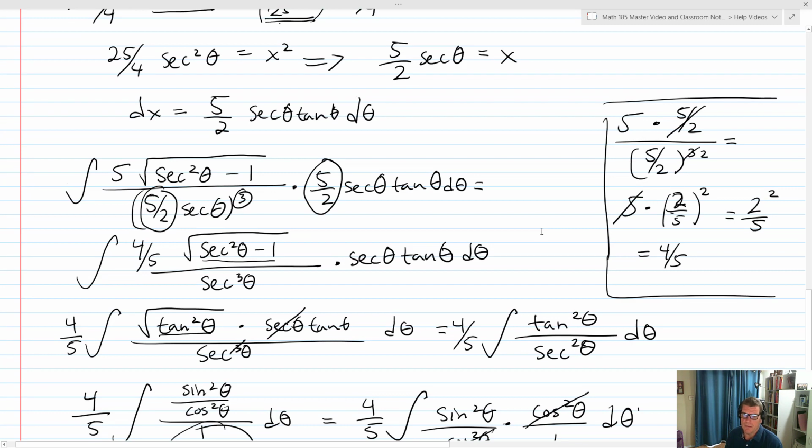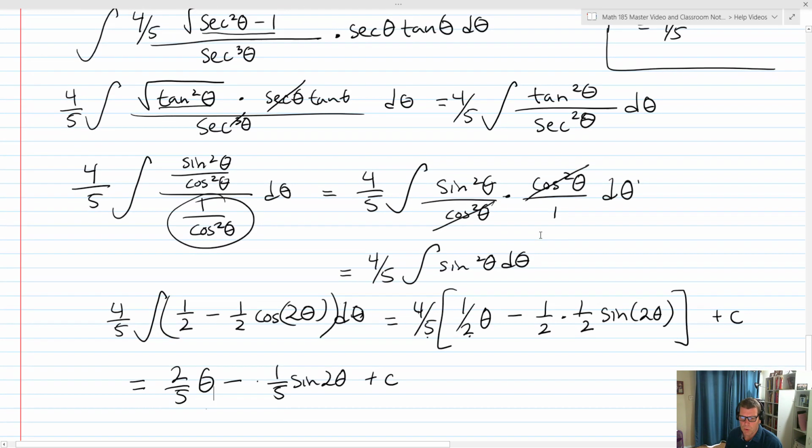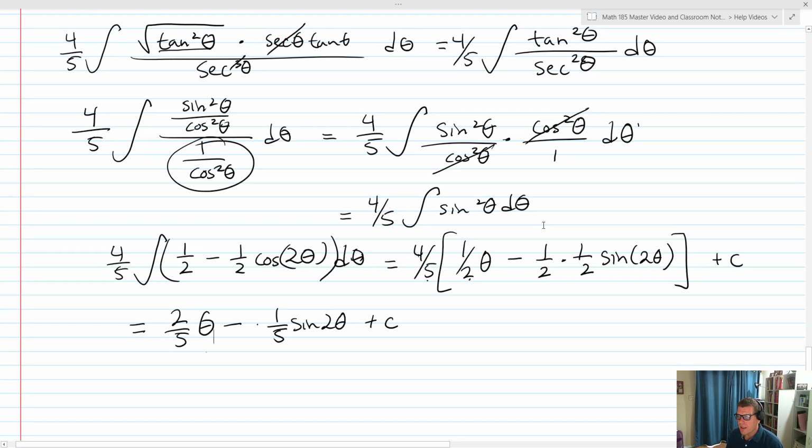We don't want to write like theta equals secant inverse of 2/5 x. That just doesn't work. What we're going to want to do here is set up a right triangle, and then inside of that right triangle, we're going to use that in order to find values for, in this case, what sine 2 theta is.